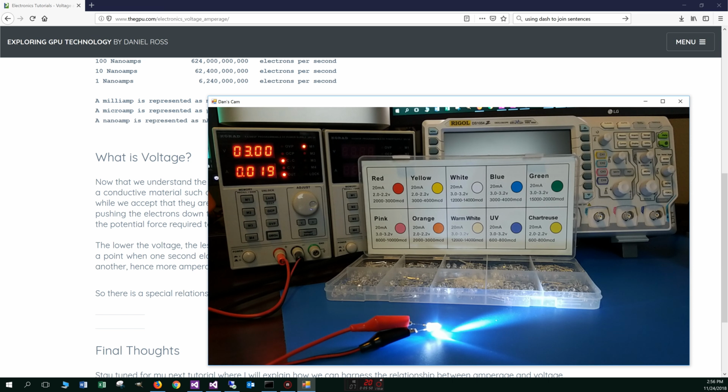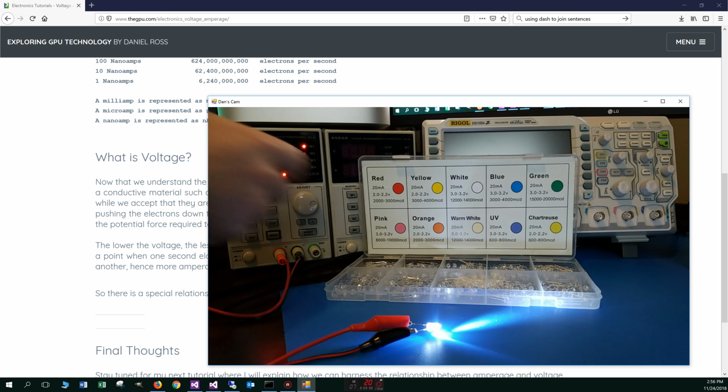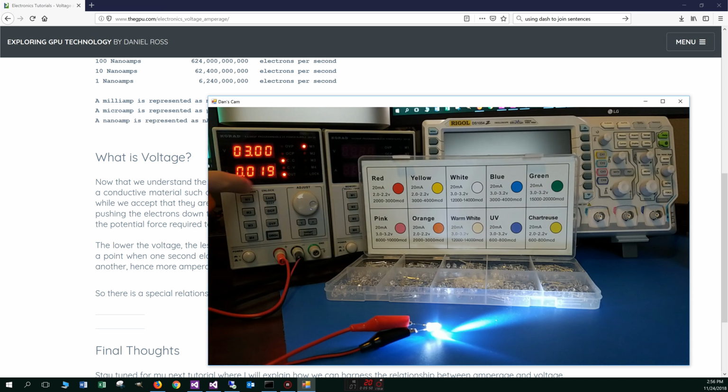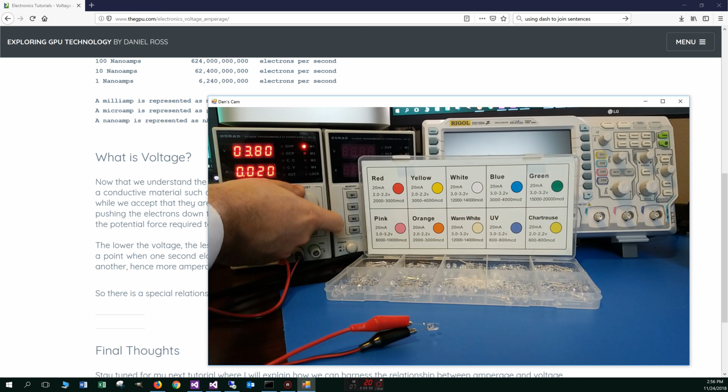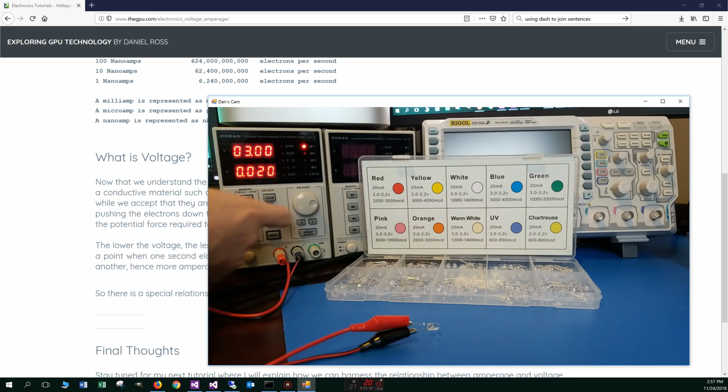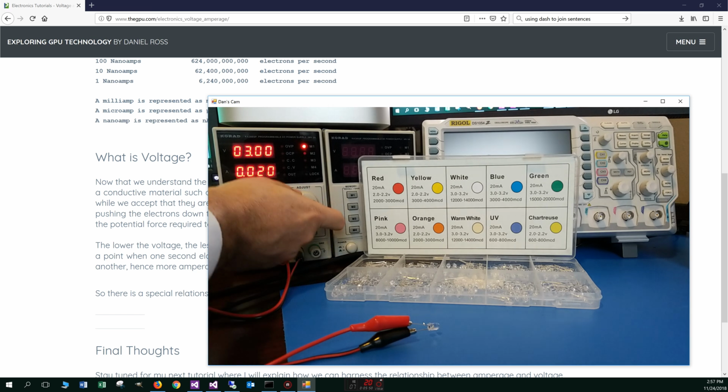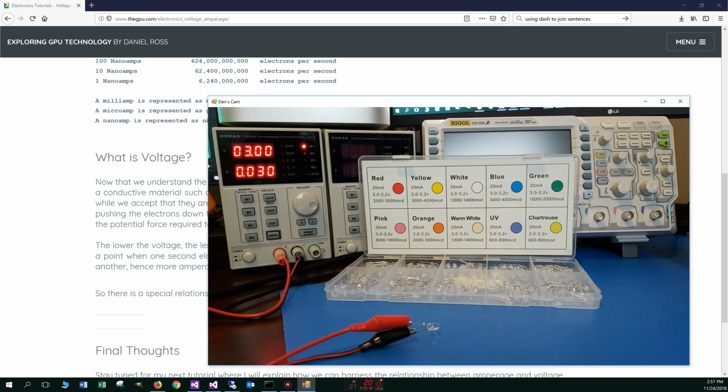Let's adjust this back down to 3 volts, and we're going to adjust this up to 30 milliamps.